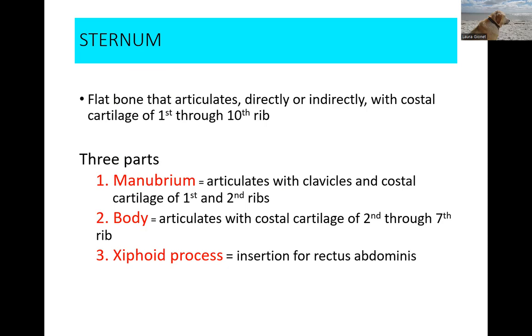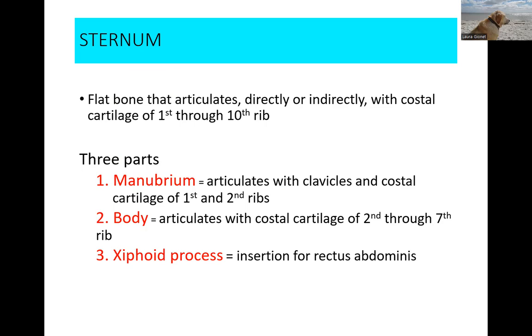We have 3 regions. The manubrium, which functions in articulation. It articulates with the clavicles and the first 2 pairs of ribs. Then we have the largest portion, which is the body.